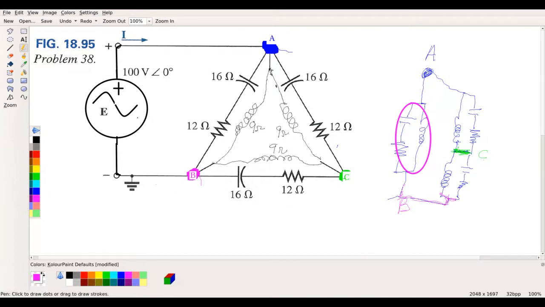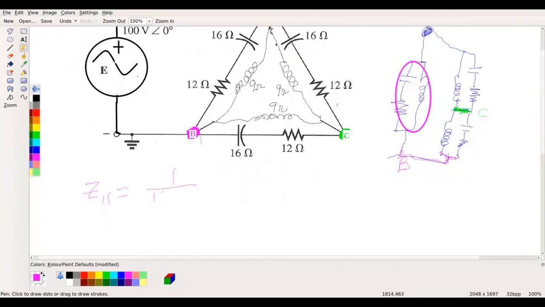All right, so Z parallel here is equal to 1 over j9 ohms plus 1 over the 12 ohms minus j16 ohms.